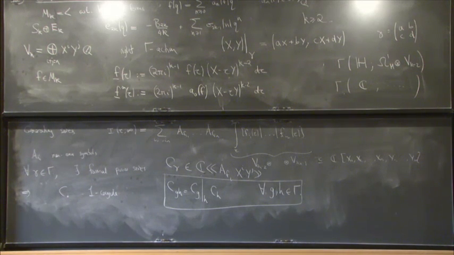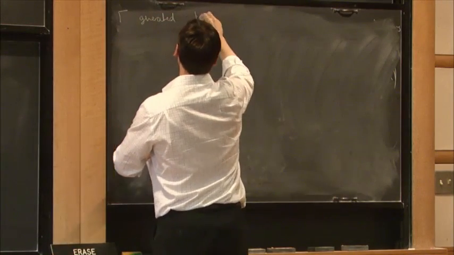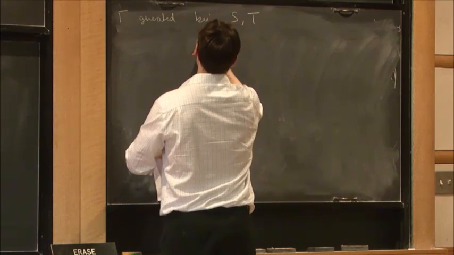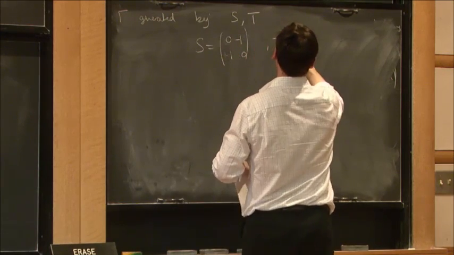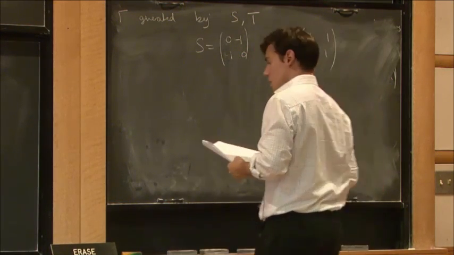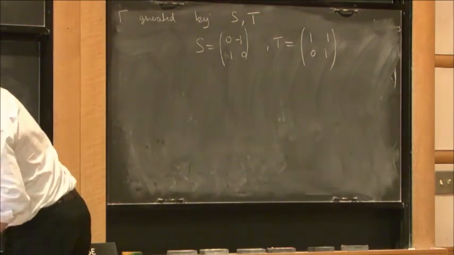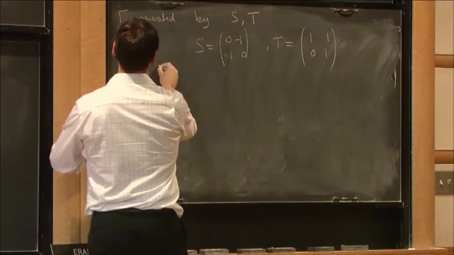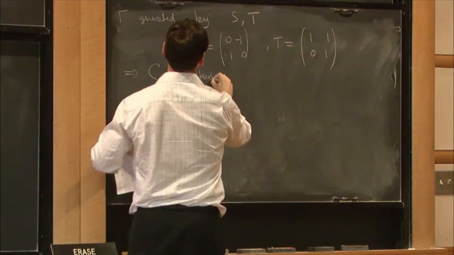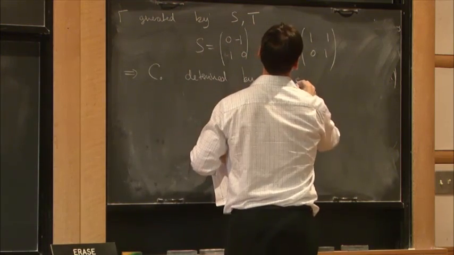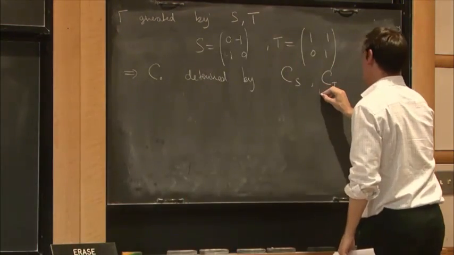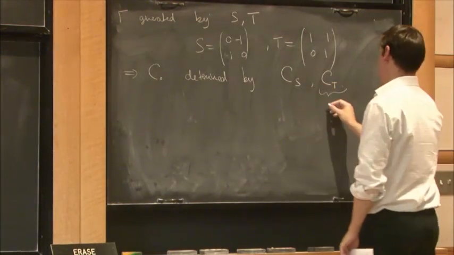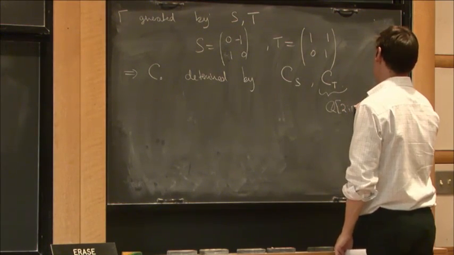But because of the cocycle relation and the fact that SL2Z is generated by S and T, where S is the matrix 0, 1, minus 1, 0 and T is the matrix 1, 1, 0, 1, this cocycle equation implies that this canonical cocycle is entirely determined by its value on S and its value on T. Now, its value on T is something you can compute completely explicitly, and its coefficients are in Q adjoined 2 pi i.